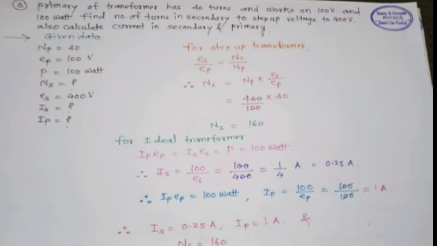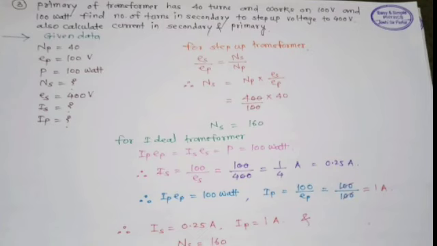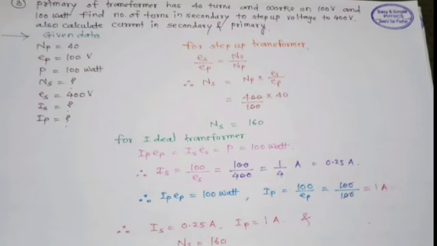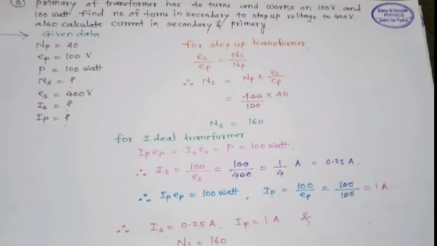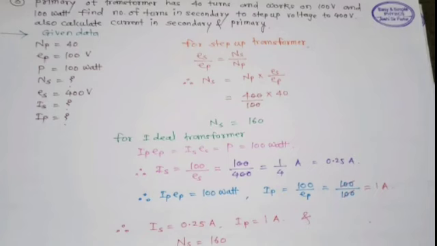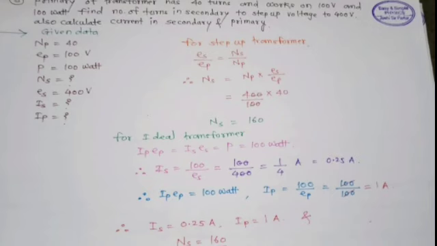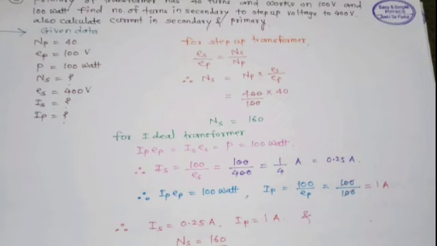Also calculate the current in the secondary and primary. So given data: number of turns in primary 40, EMF in primary 100 volt, power 100 watt. Number of turns in secondary can be calculated. EMF in secondary 400 volt. Current in secondary can be calculated and current in primary also can be calculated.